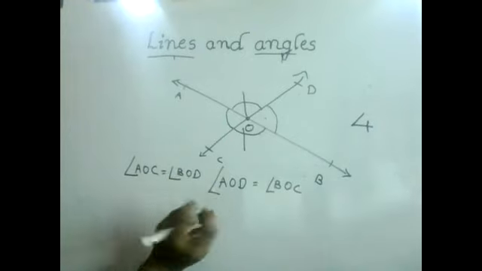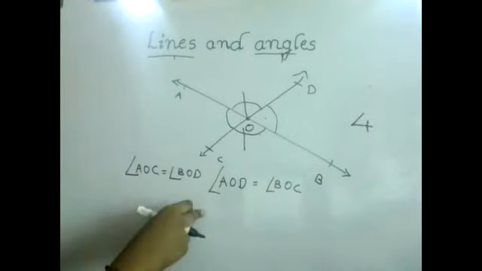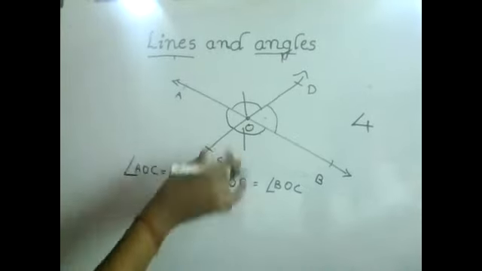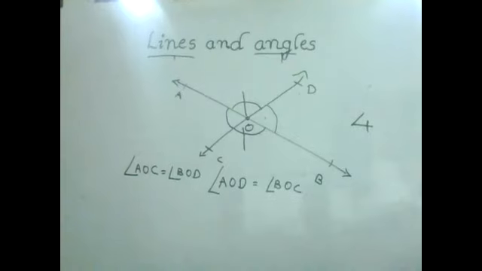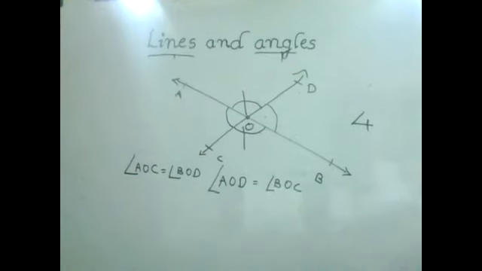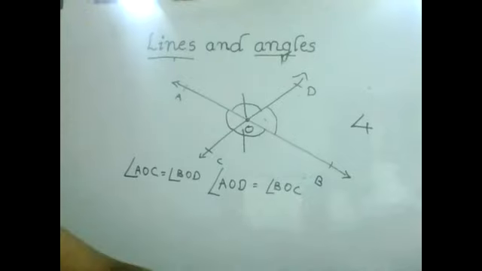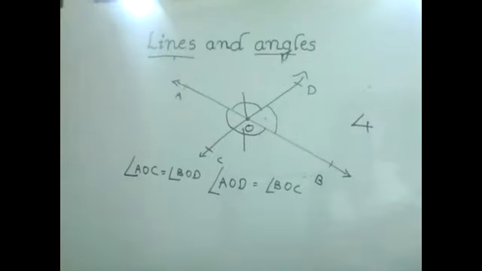If these two conditions hold, then we can say the lines are intersecting, and if the lines are intersecting, then these angles are equal. So we can conclude that when two lines intersect, the vertically opposite angles formed will always be equal.